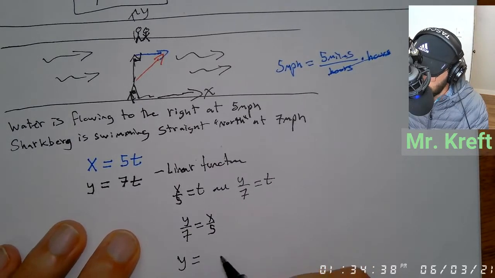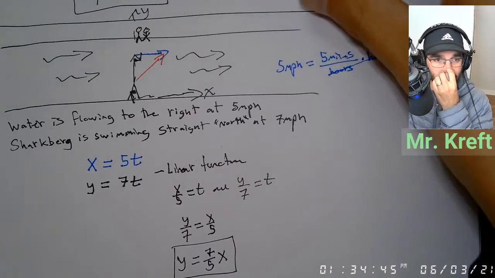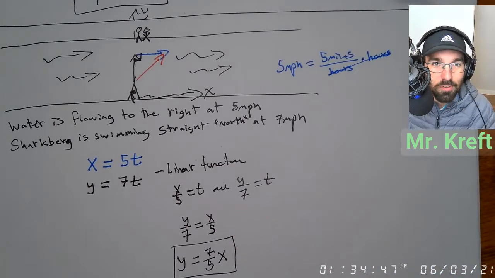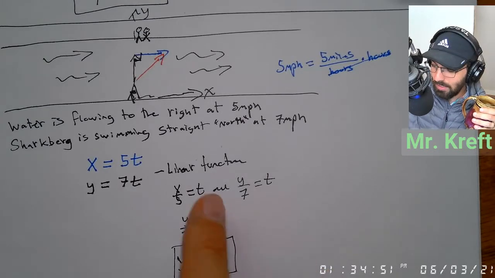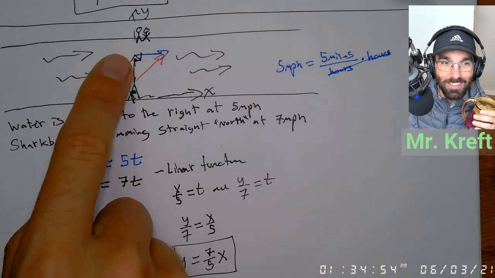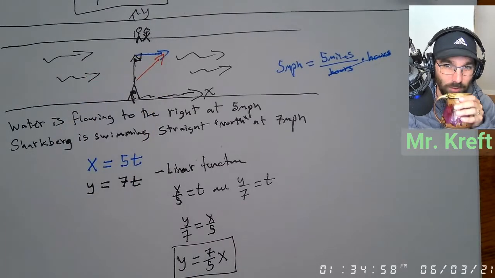And so you get y equals 7/5 x. So there it is as a line, which makes sense, right? Because every hour you're going forward 7 and you're going right 5. Isn't that cool? Doesn't that make sense?